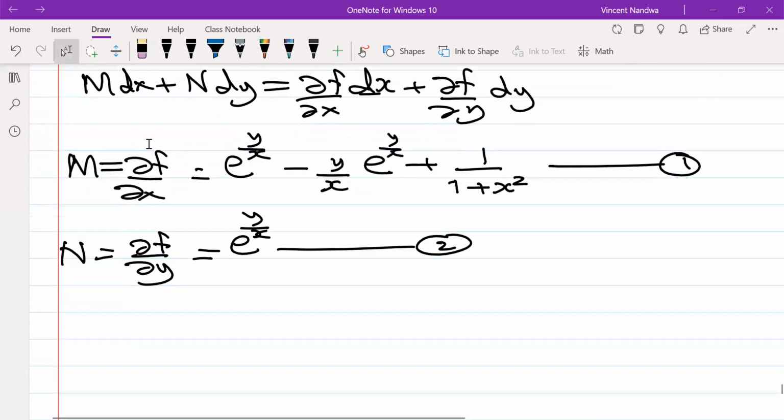So f can be obtained from 1 or 2 by integration.